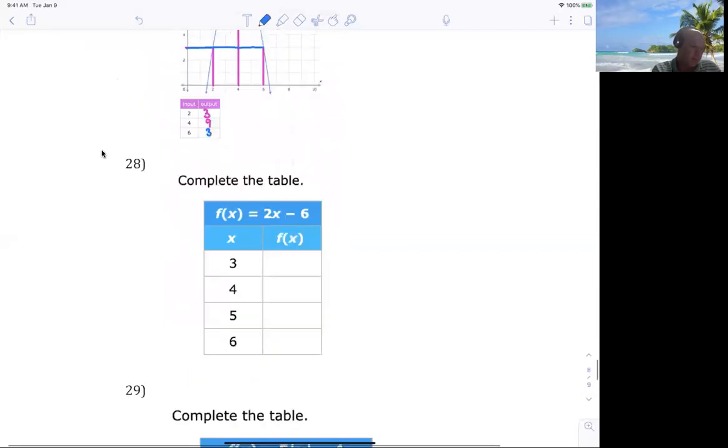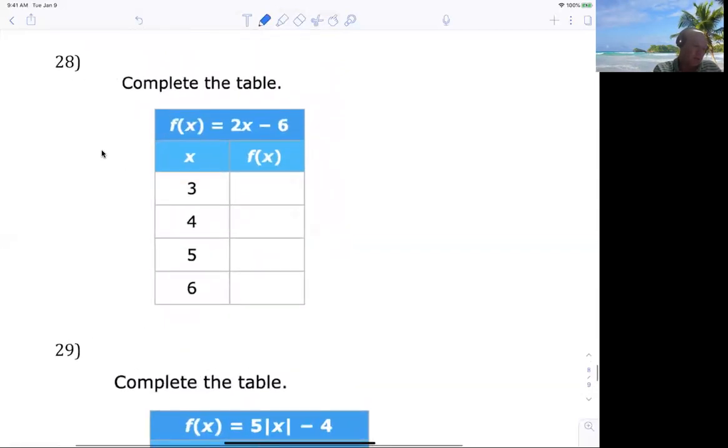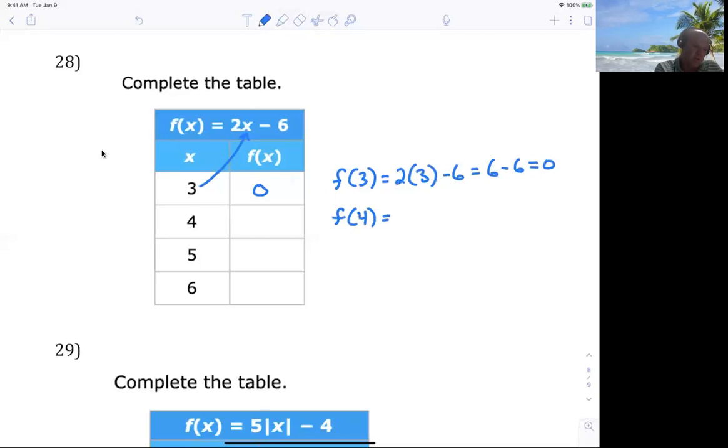Now completing the table, again, same exact principle. We just plug 3 in. So we say f of 3 is equal to 2 times 3 minus 6. 6 minus 6, 0. Now if we want to know what f of 4 is, we plug 4 in for x, which is 2.